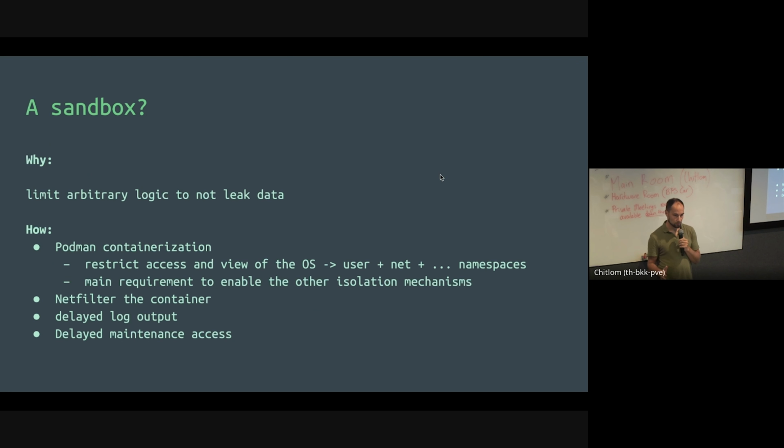And these are the main requirements for the rest of the isolation mechanisms. And then on top, we're doing egress net filtering to stop the searcher from trying to leak the state diff. And additionally, because the searcher wants to debug stuff, they have a delayed log output and also delayed maintenance access if something's really going wrong.